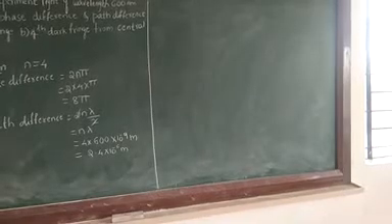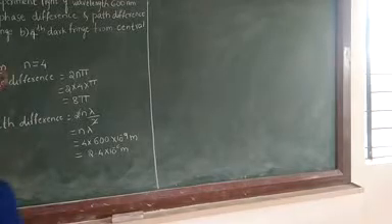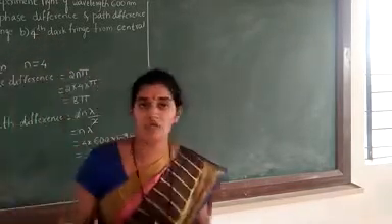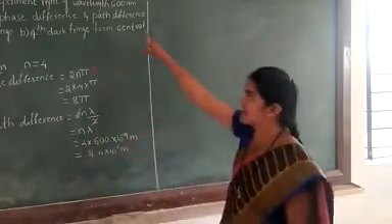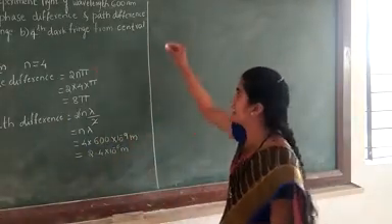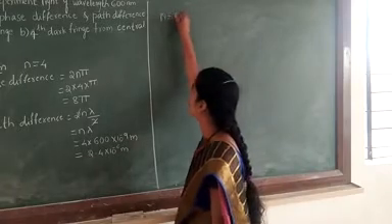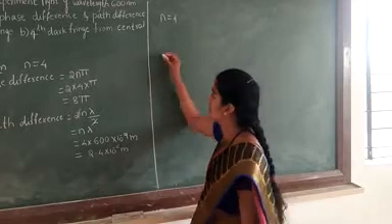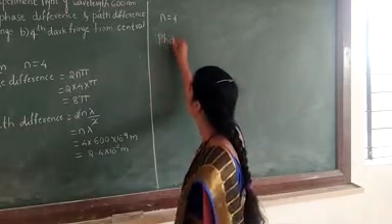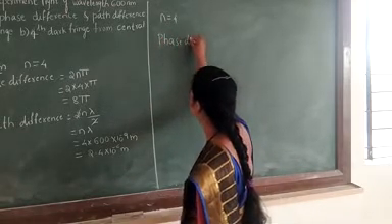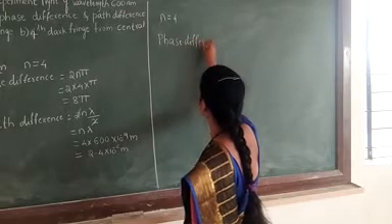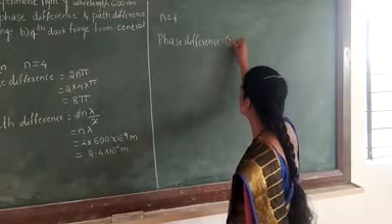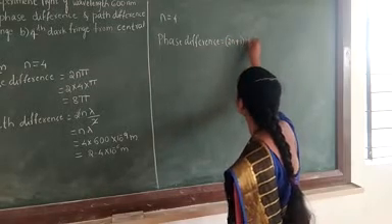Now next we calculate the second one, that is the fourth dark fringe from the central fringe. Here also we have to find the phase difference and the path difference. Let us consider n is equal to 4. Now the formula for the phase difference for the dark fringe is (2n plus 1) into pi.